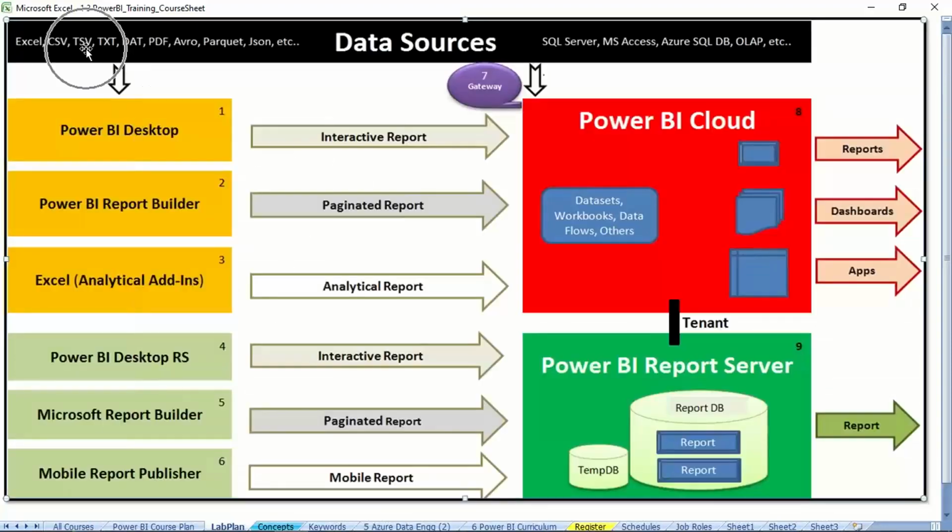On the left side you see non-database data sources. We are going to learn in this order. We'll start with Excel, slowly step into CSV, tab separated value, text file, dat file, PDF, etc. We'll do it slowly. And then step into database data, SQL Server, MS Access, etc.